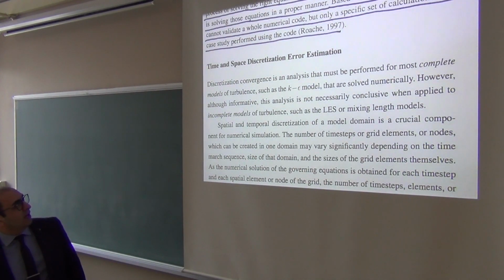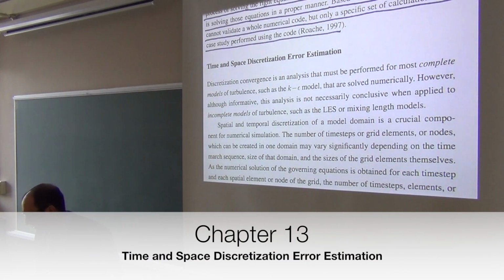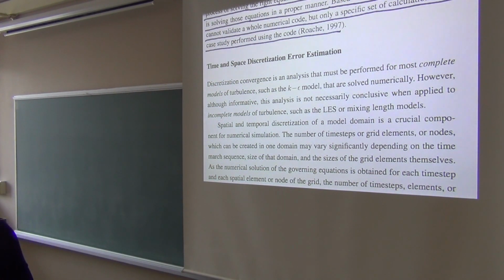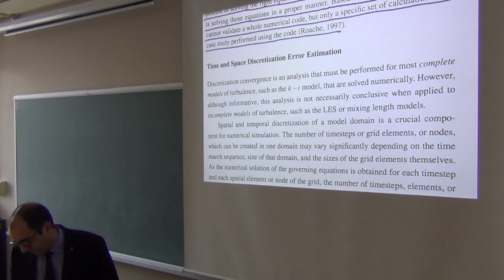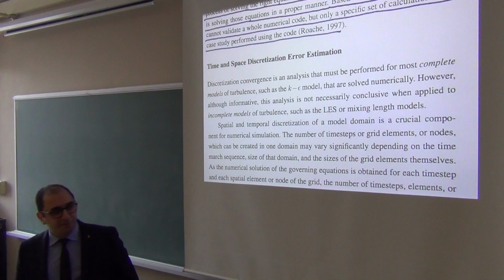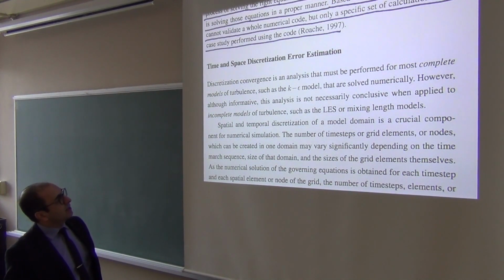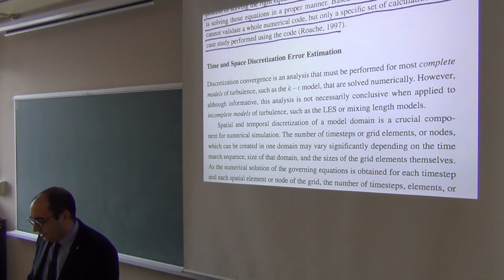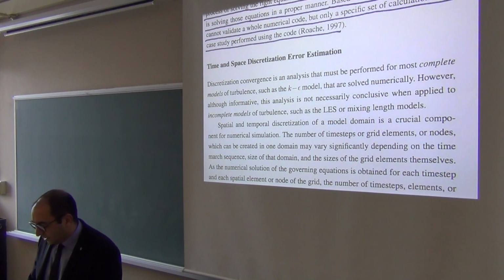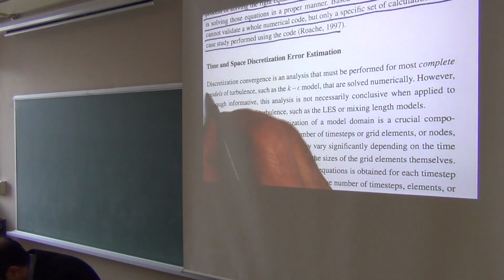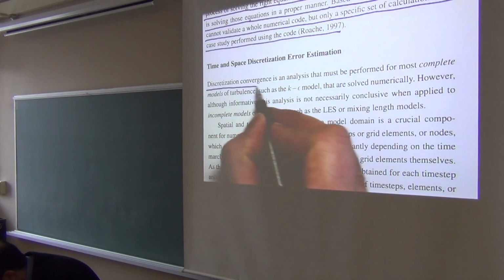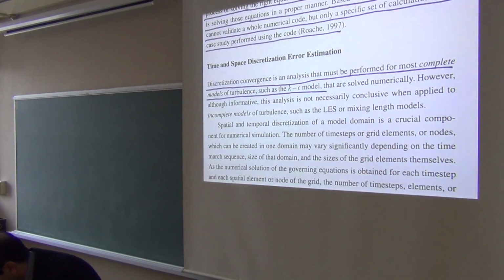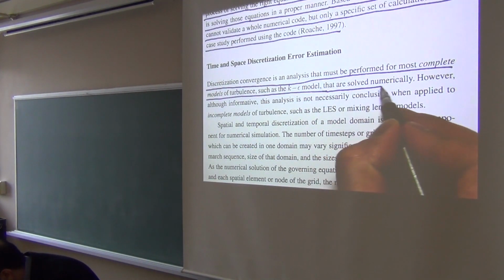Okay, let's talk about time and space discretization error estimation. If you do numerical modeling, you solve some sort of equations in discretized time and space. I mean, we live in a world comprised of time and space, so whatever equation we solve, we discretize time and space domains and solve those equations. Discretization convergence is an analysis that must be performed for most complete models of turbulence, such as K epsilon, that are solved numerically.